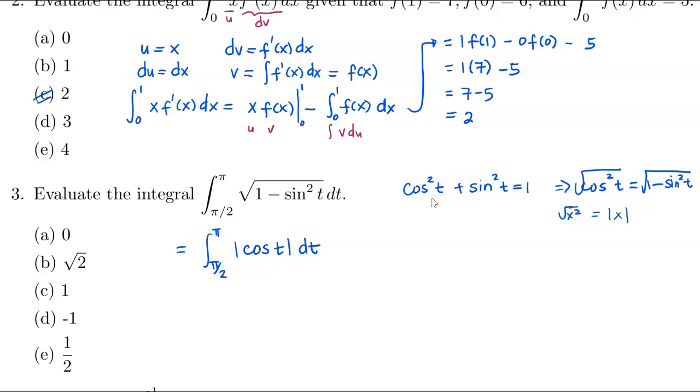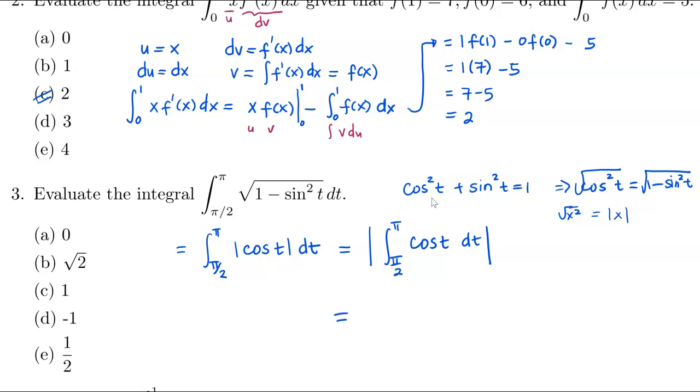Now, you could take out that absolute value as well. So you can have the absolute value of the integral of cosine of t from pi over 2 to pi dt. The integral of cosine t is equal to sine t.